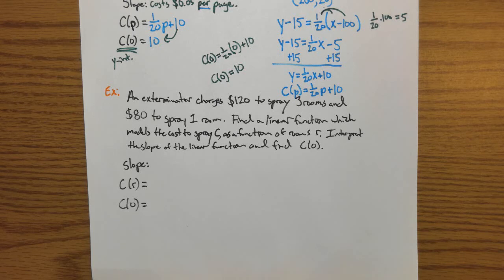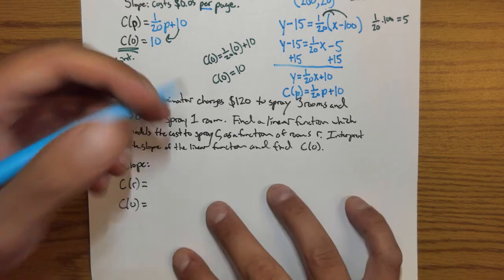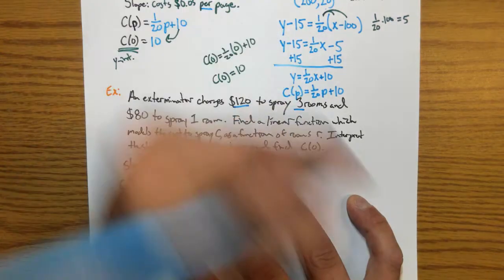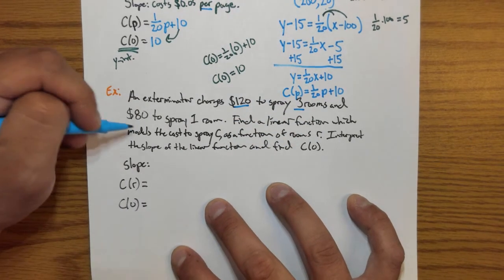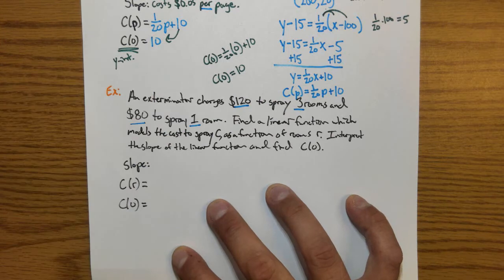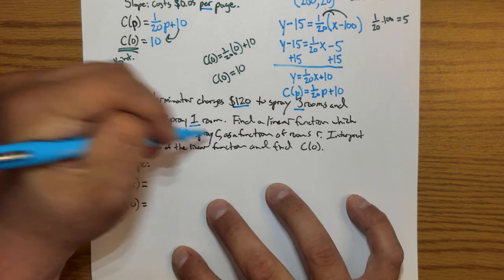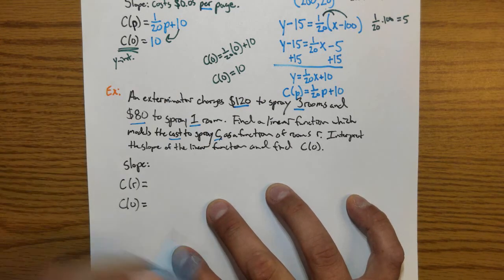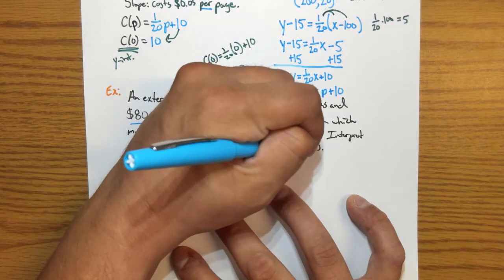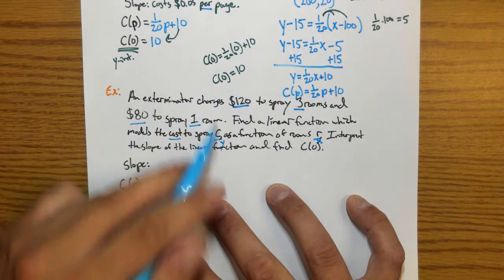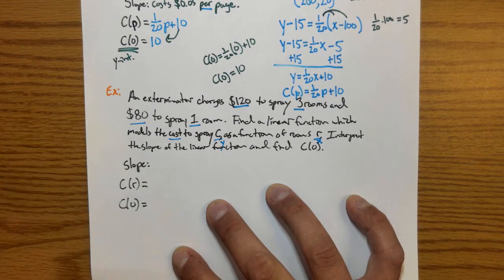So again, let's just define what we're given here. We're given 2 points, $120 at 3 rooms and $80 for 1 room. And it gives us the cost is C, so that's our Y value, Y. And then we're given R, which is our X. Just like the last problem, we'll just use Y and X until we get to the end and then just change it.